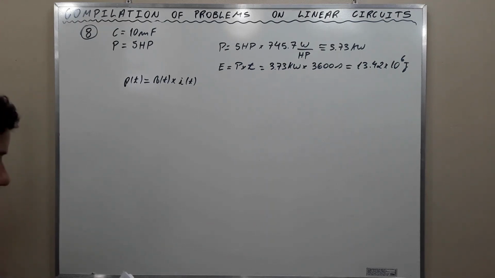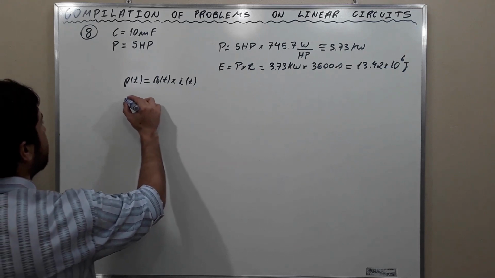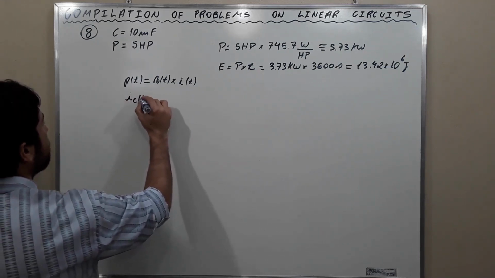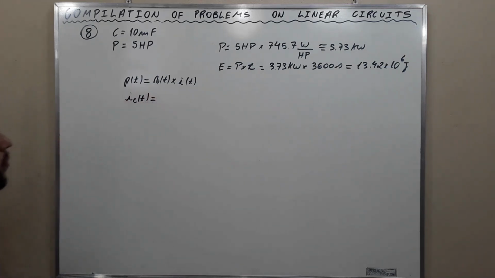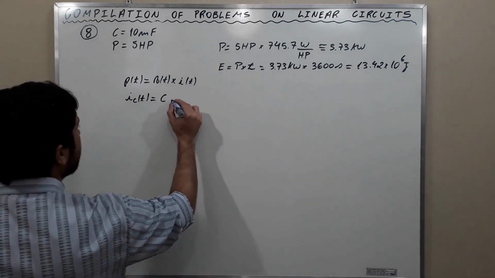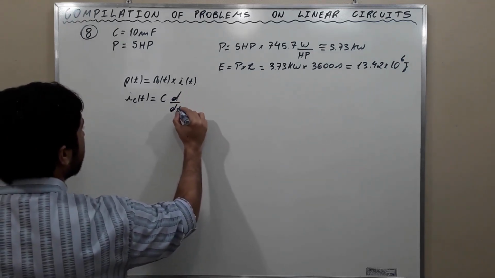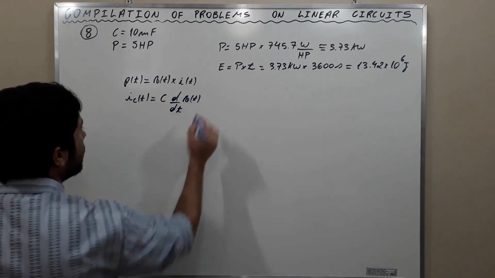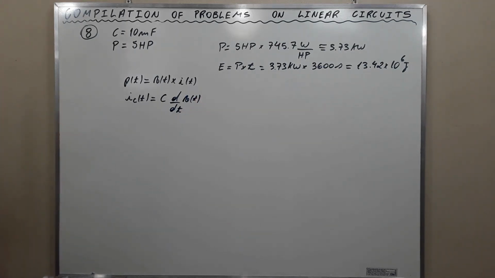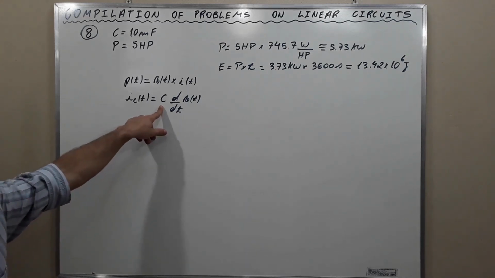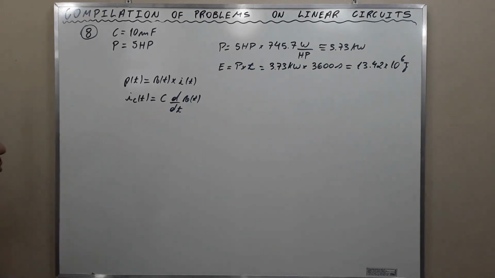We know also this, that for capacitors, the current is proportional to the derivative of the voltage with respect to time, and the constant of proportionality is the capacitance of the capacitor.